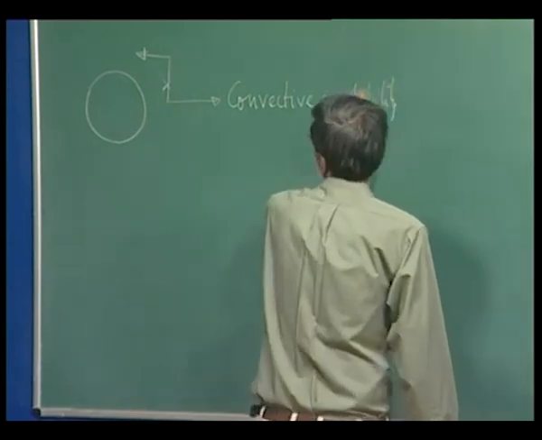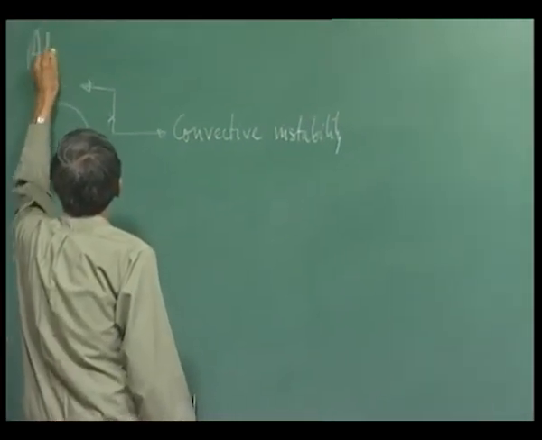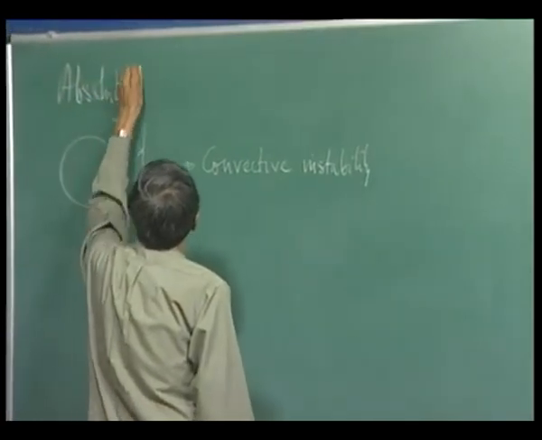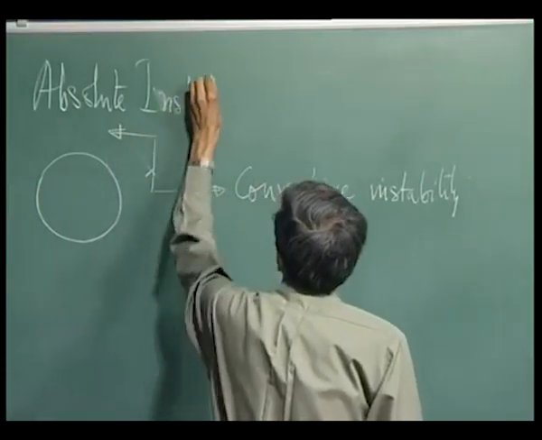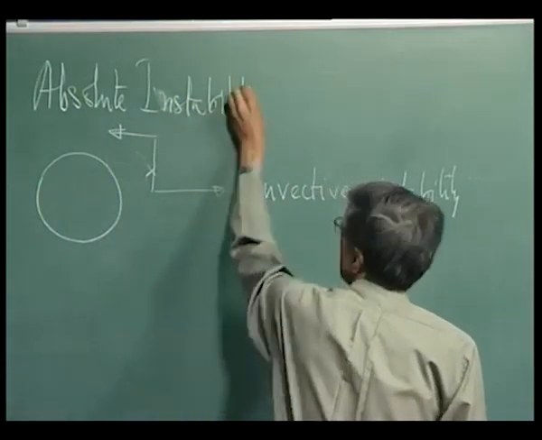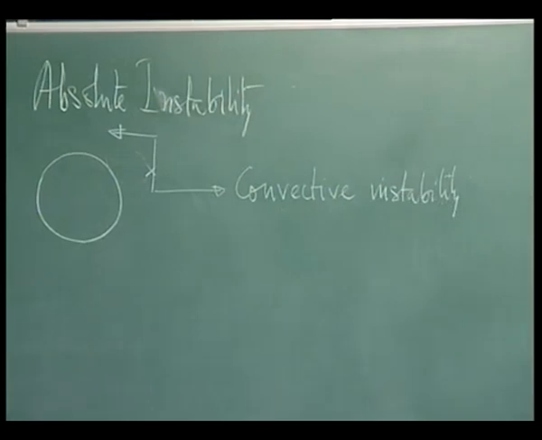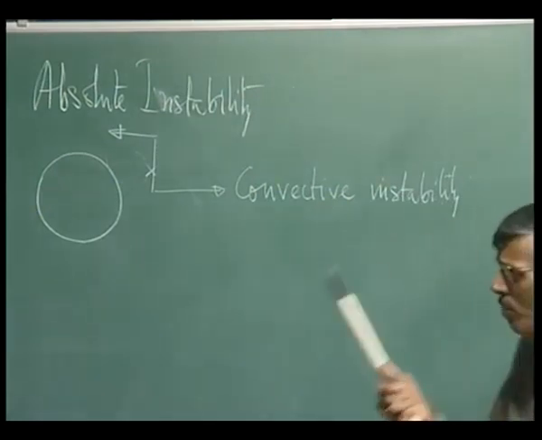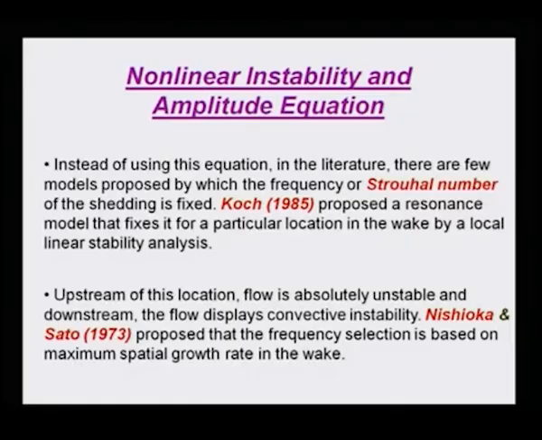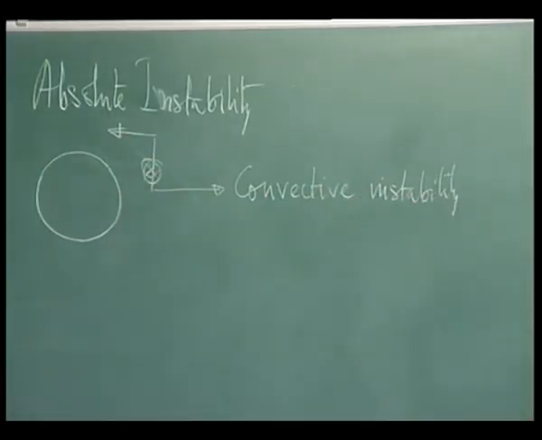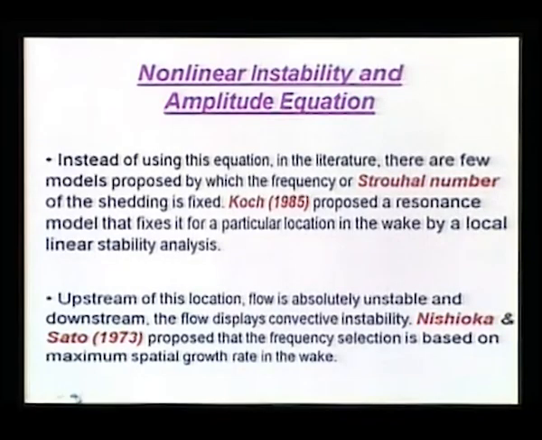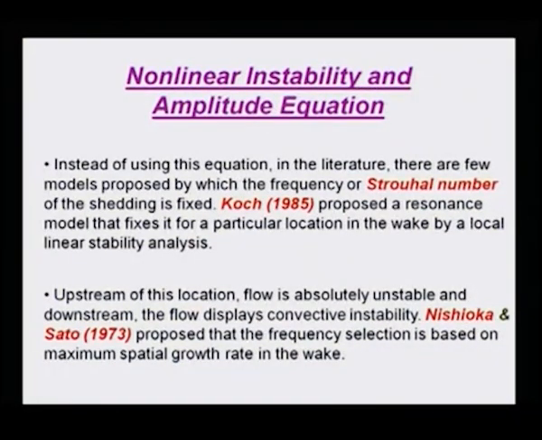So, in a sense that kind of sort of explains what you see. And what was Koch proposing in his work is that at this location you are getting the thing started because of some resonance mechanism. That is a resonance model. Okay. So, I suppose this is what happens, what people have looked at.